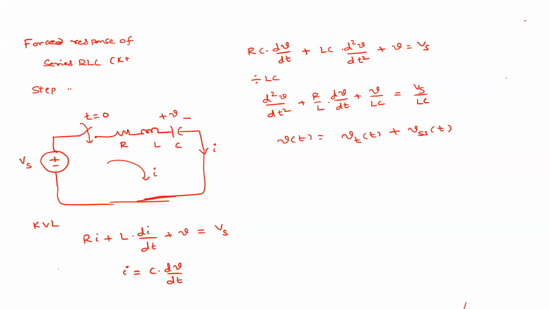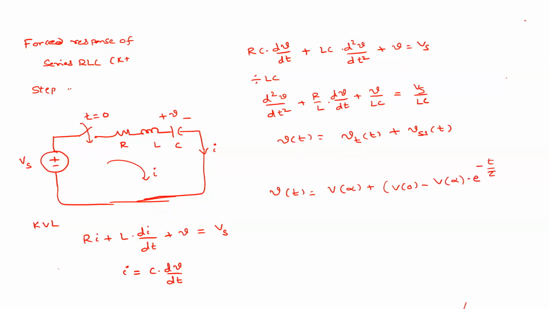When we discussed, I think we remember the equation: V of t equals V of infinity plus V of 0 minus V of infinity into e to the power of minus t by tau.